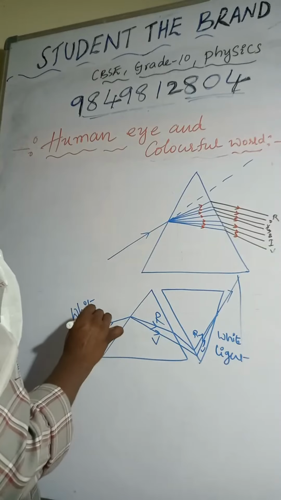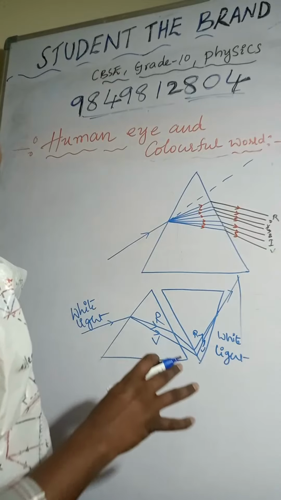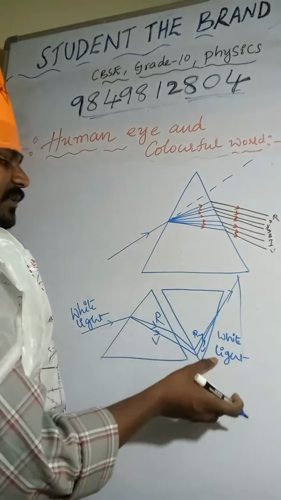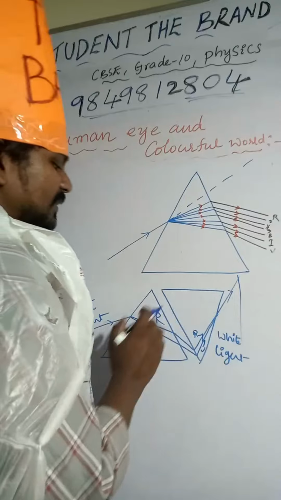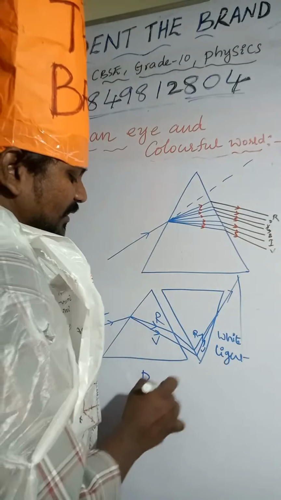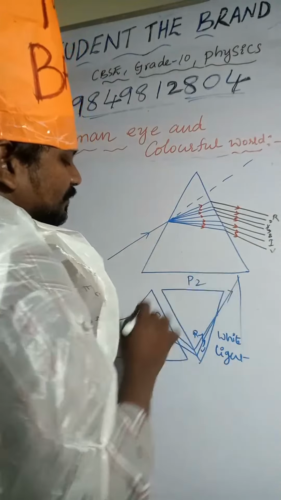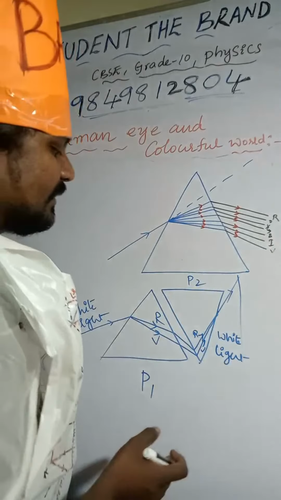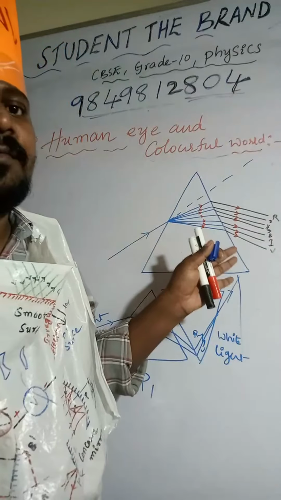When you send white light through the prism, it splits into 7 colors. Those 7 colors fall on the inverted prism placed beside the first prism. So this is prism 1 and this one is prism 2. Then it is combined and forms white light.